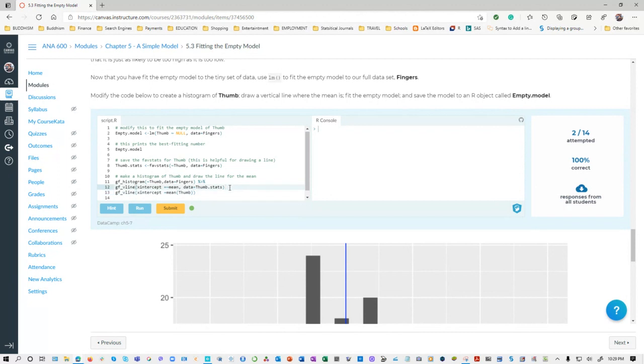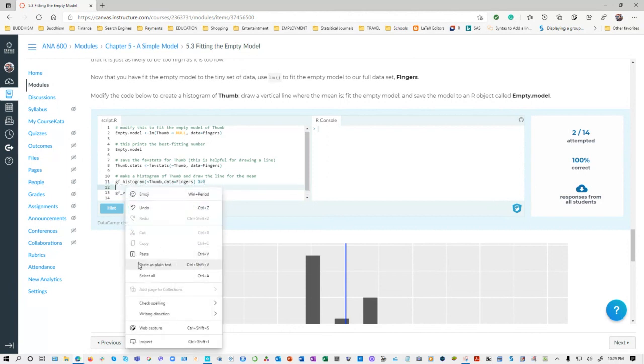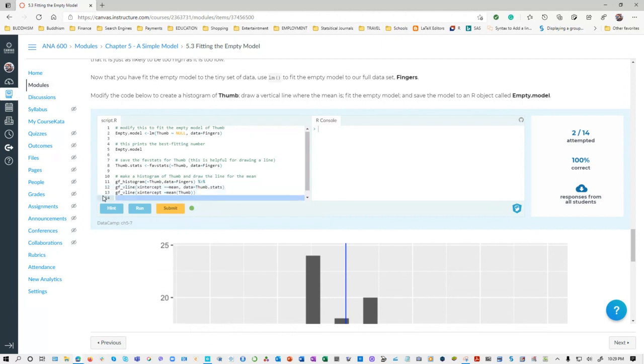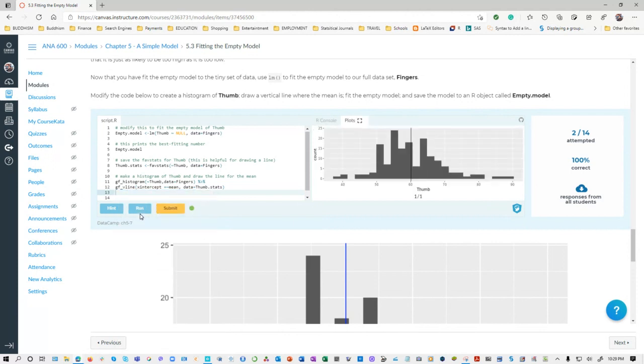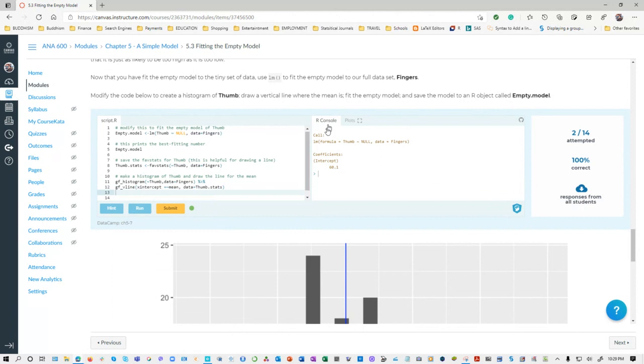That's one way. But rather than that, let's say I'm going to get rid of this one. I'm going to do this one first. That's 60.1. We have already run that empty model here, 60.1 for the full data set.